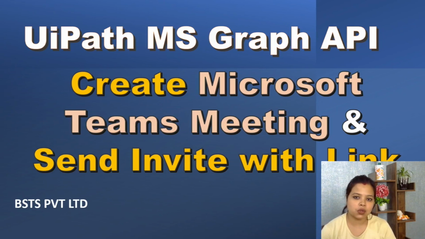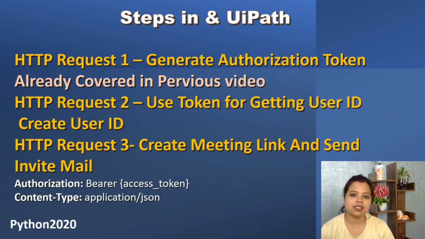In the end, I will show you about formatting and how to send mail notification to users. We will do this process in 3 steps. First step, we will see how to generate authentication token. Then we will see how to create user ID. And third step, we will see how to create meeting link and send email to participants.